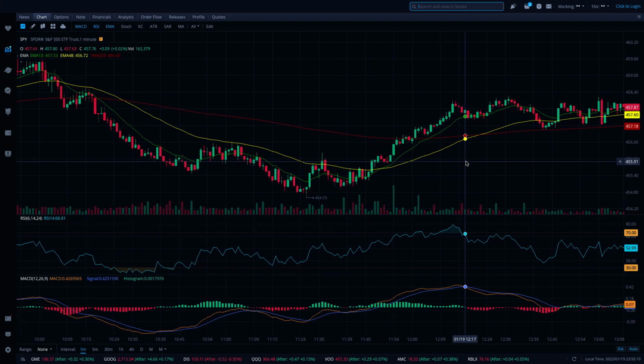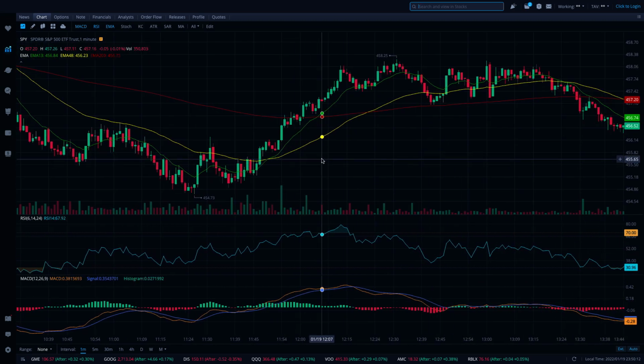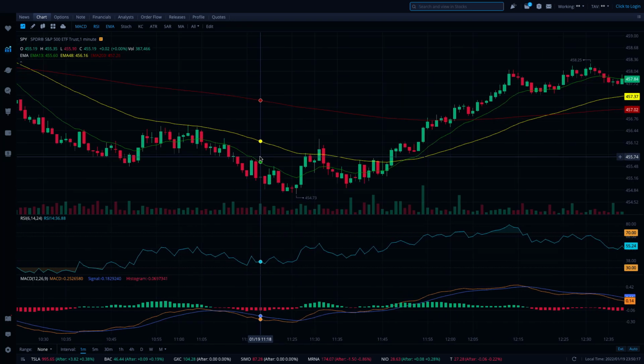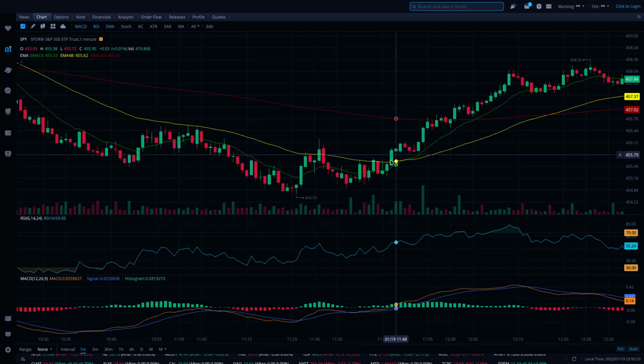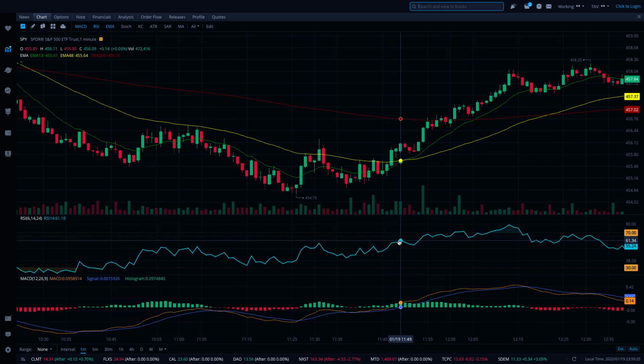Now I'm going to show you guys an example where price action breaks above the 200 EMA and what you're looking for. So here we get another example. Again, we are on the 1 minute and we get the alert for a call. First thing I'm looking at is the RSI to see that the RSI is above 50 or 55. Okay, that's where you want RSI to be.